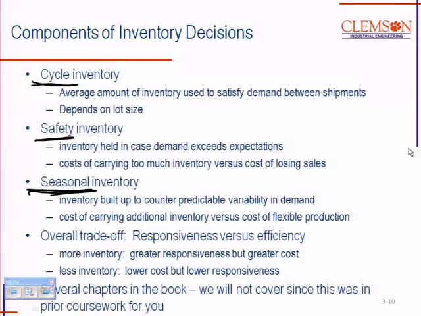And if it was the same every week, and you knew it with certainty, you'd have no safety inventory. But we all know that not to be true. So if you look over time, how much variability did you have in that demand leads to having to provide some kind of buffer, which is safety inventory.